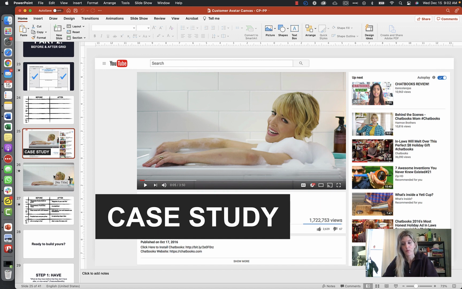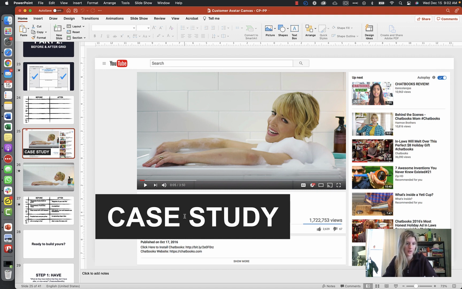But now you have this nice little photo book, and it shows this mom in the tub, and then when you watch the video, it shows her getting out of the tub and she's completely clothed, and she's like, yes, my life is chaos. I don't have time to do this. So Chatbooks, the software, makes it easy for her. It makes her feel less overwhelmed and it kind of takes that off her plate.